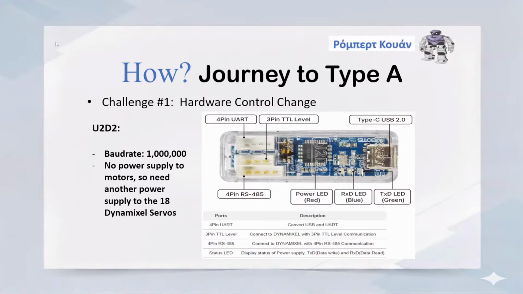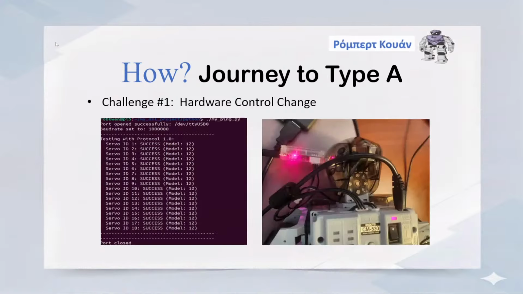In my configuration for the Dynamixel servos, I had to use a baud rate of 1 million, but the communication itself doesn't supply any power to those motors. So I actually needed another power supply for those 18 Dynamixel servos, which support the 18 degrees of freedom I mentioned earlier. After I applied that, I had to check.